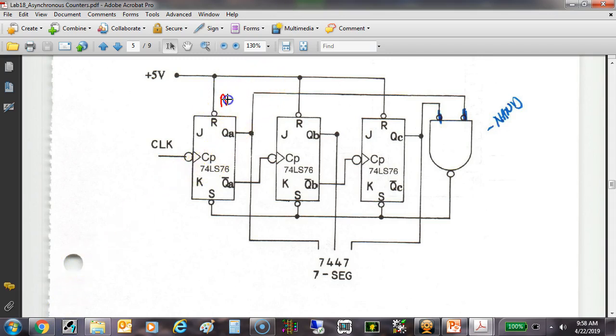So here's A, here's B, here's C. So all we're doing is A, B, C. This guy is hooked up to A, so we're looking for A to be a 1.